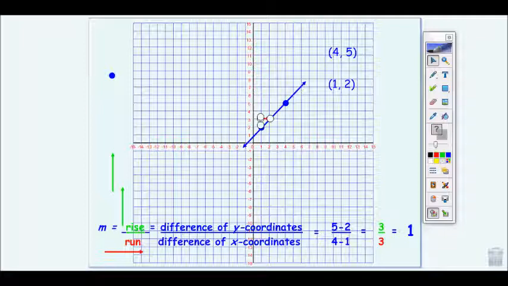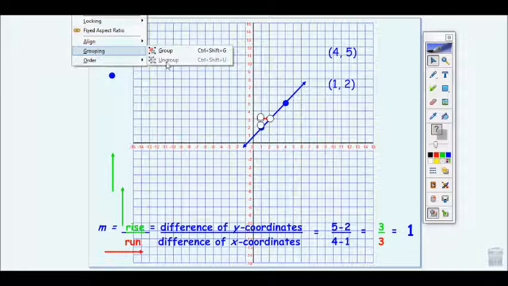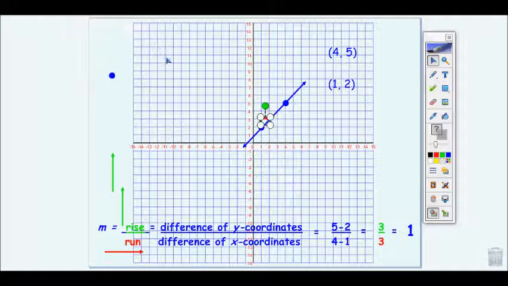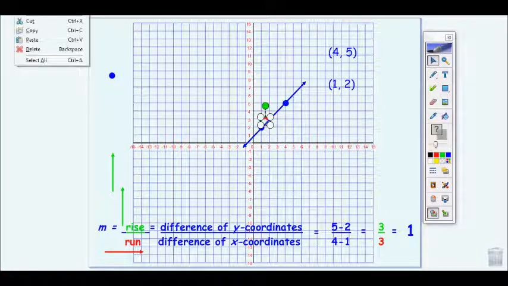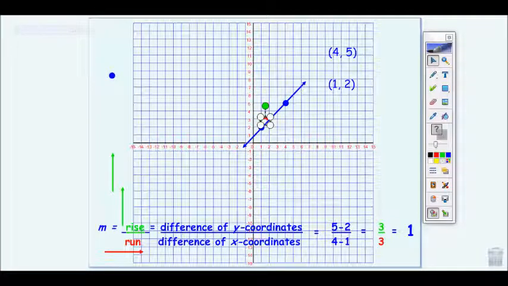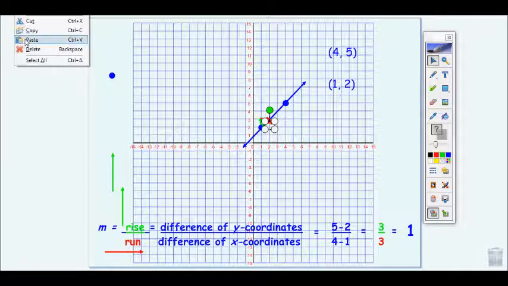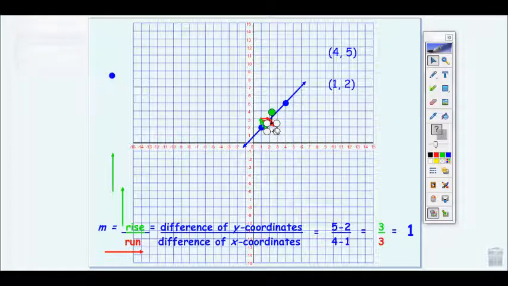The first thing I'm going to do is group those, and then copy that group. Paste and paste. I'll do one more. All right, let me get the extra ones out of here.